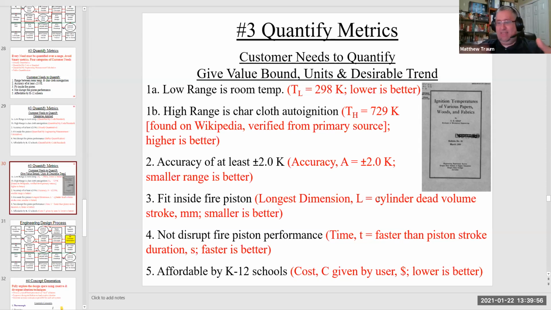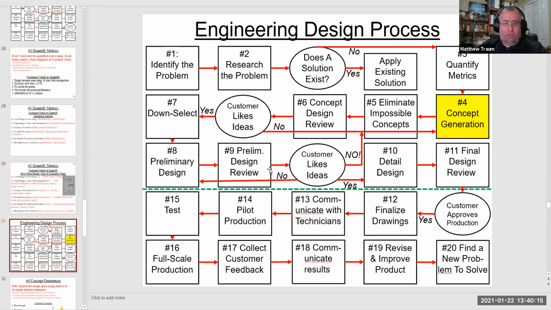Otherwise, the piston is going to hit the sensor every time that I try to do an auto ignition, and that's going to cause failure. So that moves into the next one, which is to not disrupt the fire piston performance. And that turns into a time metric. And then ultimately, affordability by schools is a cost metric. So once I've got all those metrics quantified, then I move into concept generation.